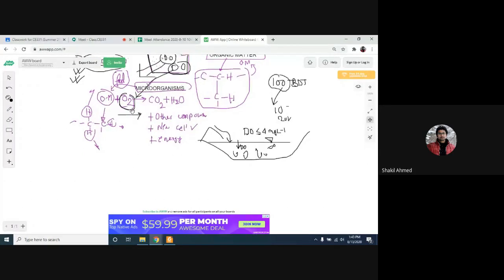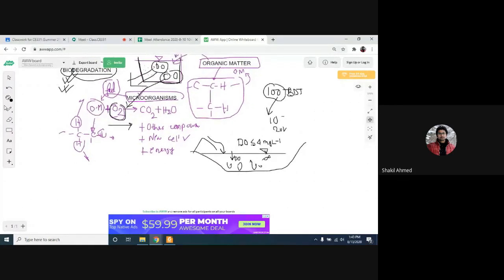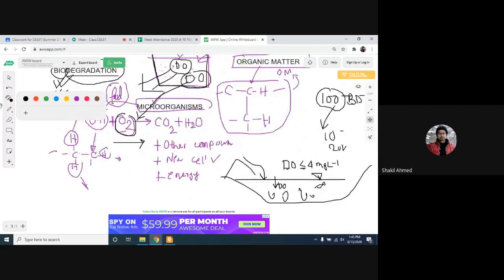This organic matter, how you can measure it, you can measure it using the amount of oxygen used here. Higher is the organic matter, higher is the amount of oxygen consumed by the microorganisms.